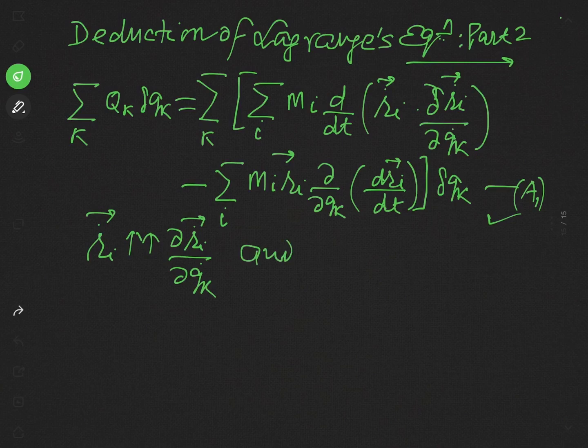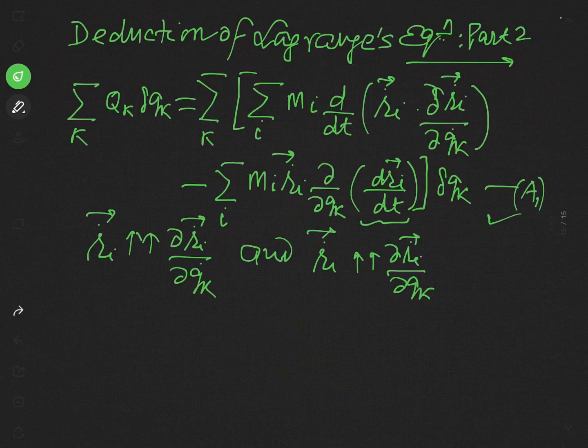And similarly, these two vectors, ri dot and del ri dot by del qk, are also parallel.